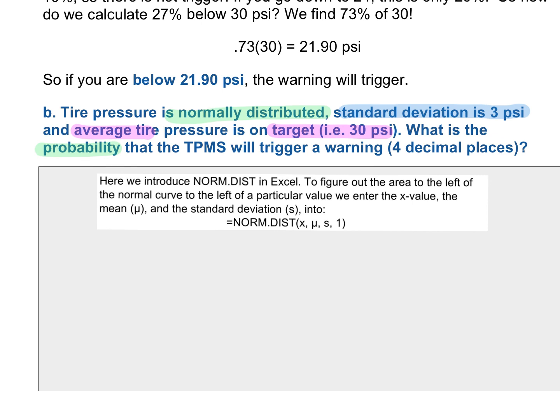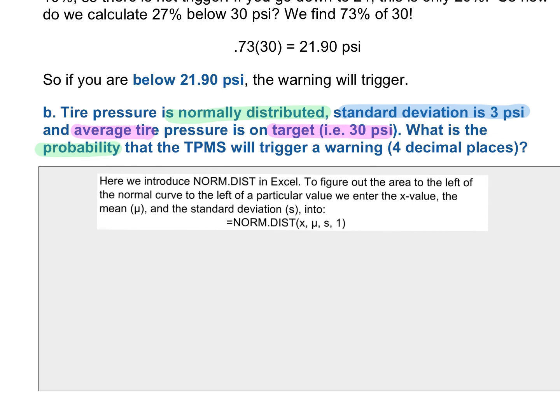Even though problem number 5 asked for a percentage, probabilities are given to us in a percentage. So whenever it's asking for a probability and it's given you these pieces of information, you know you're probably going to use this particular formula.